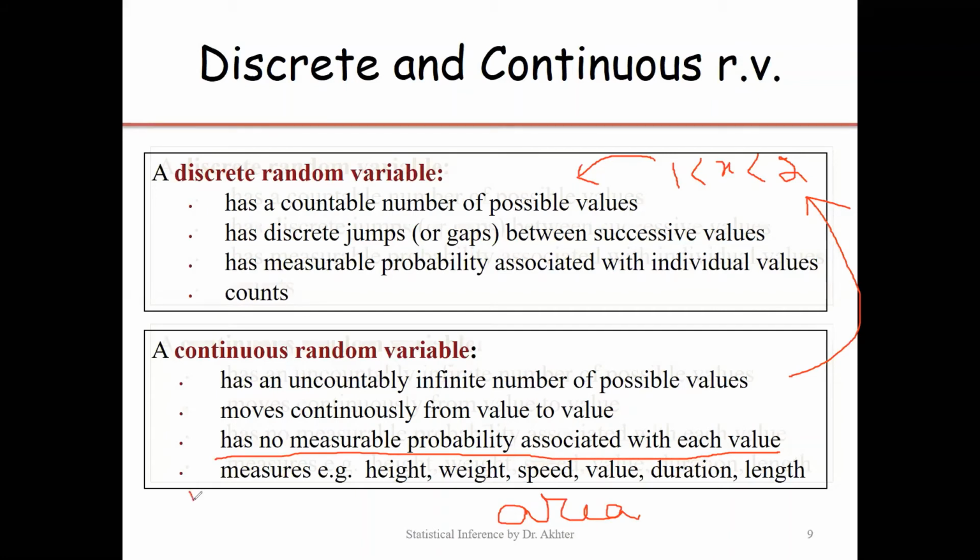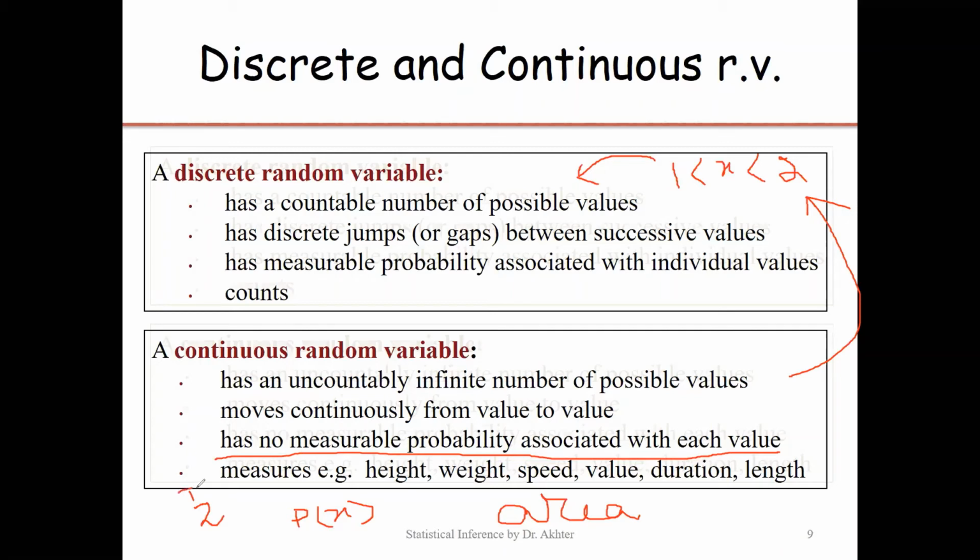Suppose we have the two points 1 and 2. We do not have a specific probability at 1. We do not have a specific probability at 2. But we may have a probability in between 1 and 2. This is the concept of area. So in the case of continuous distribution, there is no measurable probability associated with a single outcome.